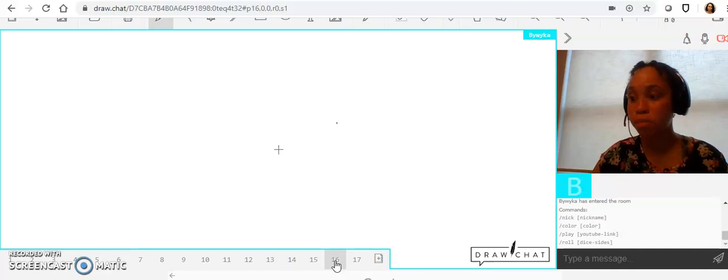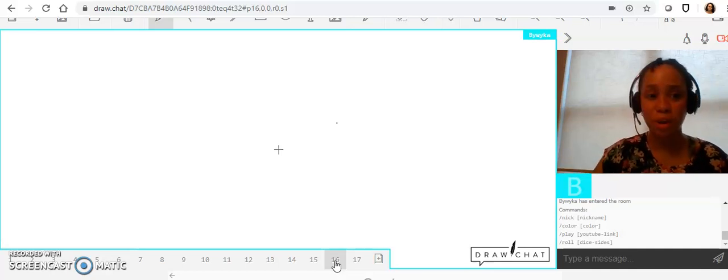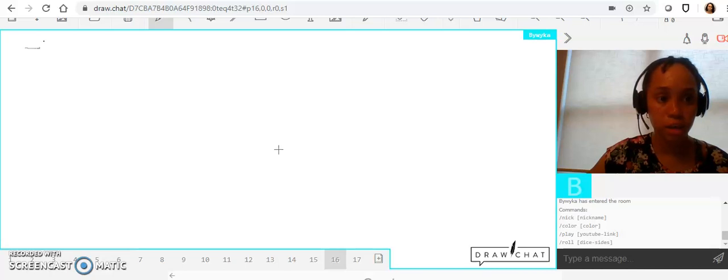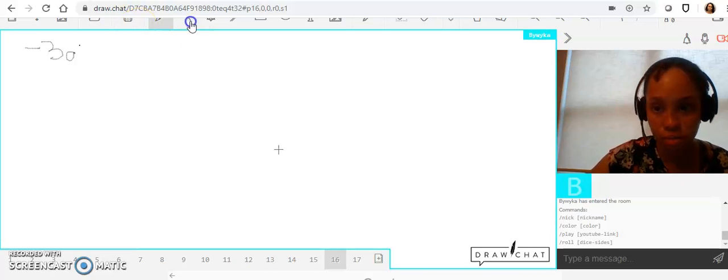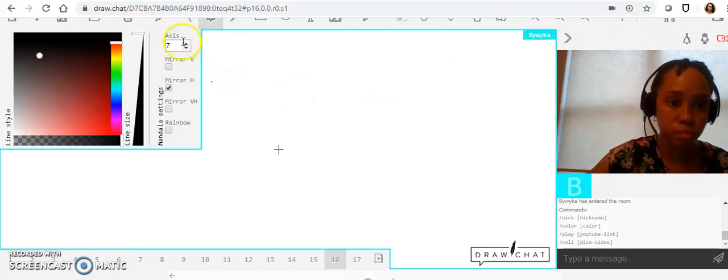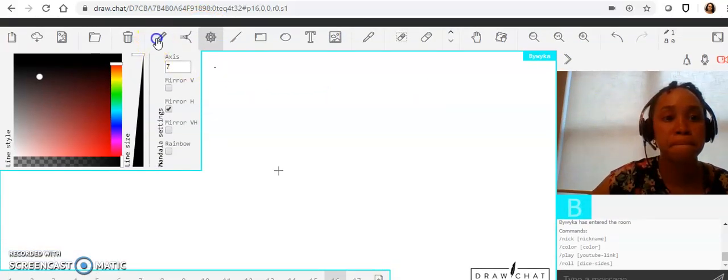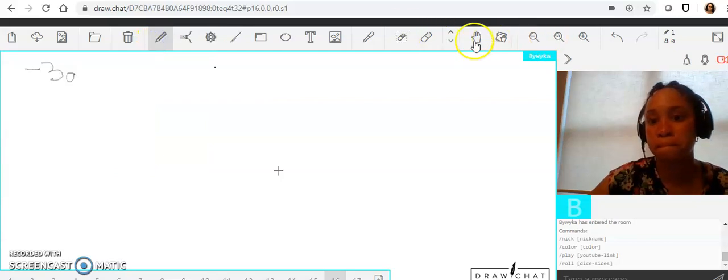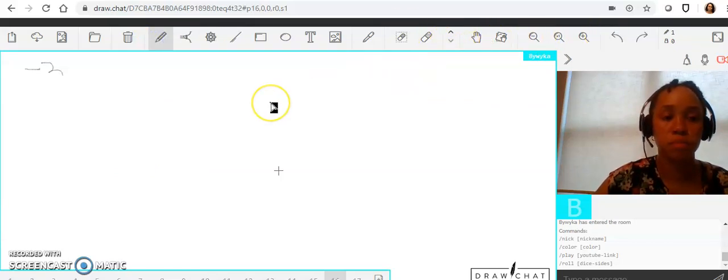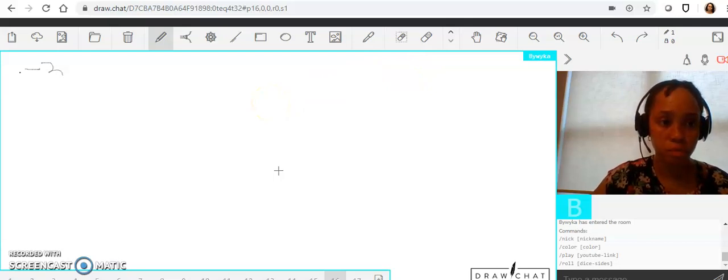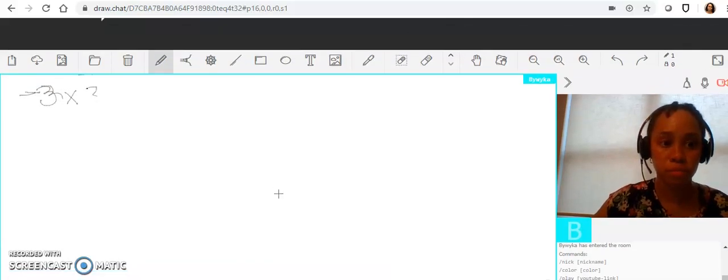I always have to do an example to make sure we understand what we're working with, right? So let's take negative 3x squared, not a squared, sorry, plus 10x minus 3.